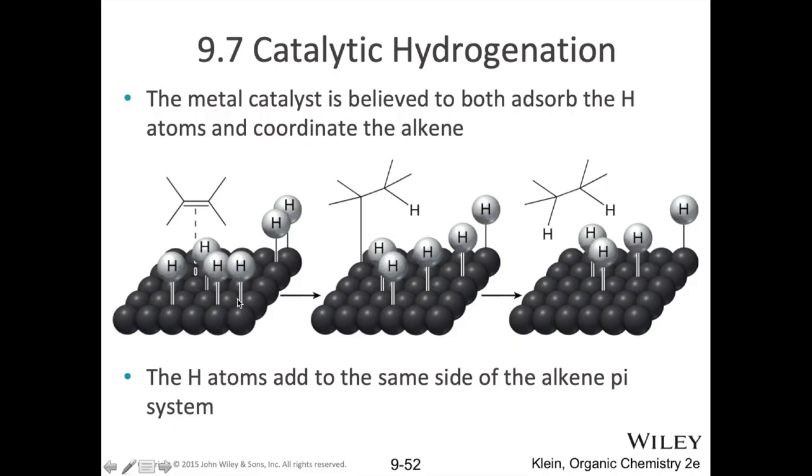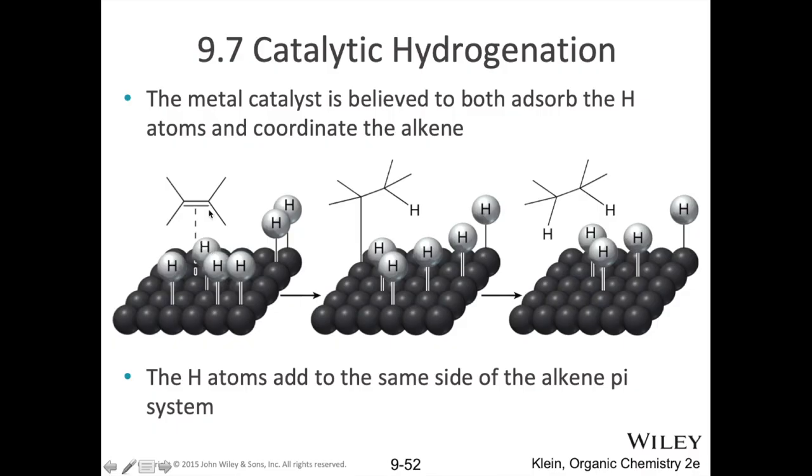So you have metal hydride bonds that form. You have these hydrogen atoms, or hydride atoms, just sort of added on to the surface of the metal. Okay, so essentially then the alkene picks up a hydrogen on your carbon.